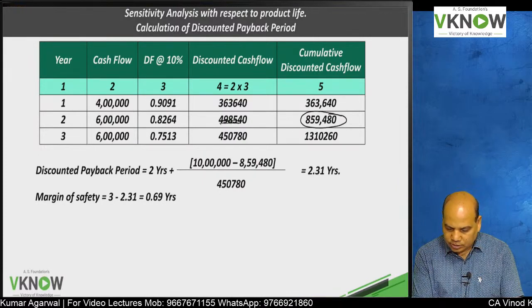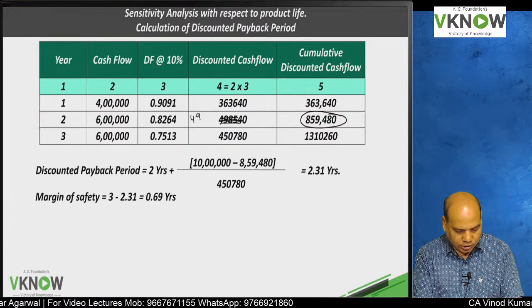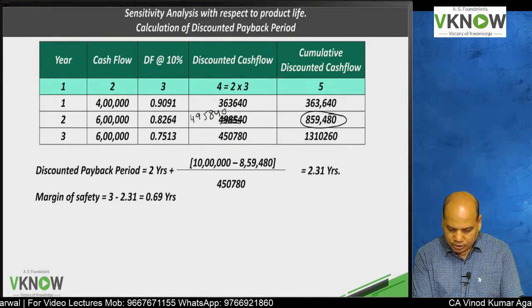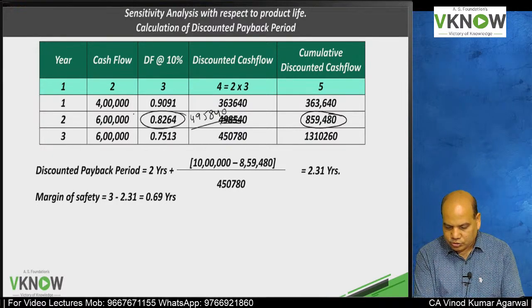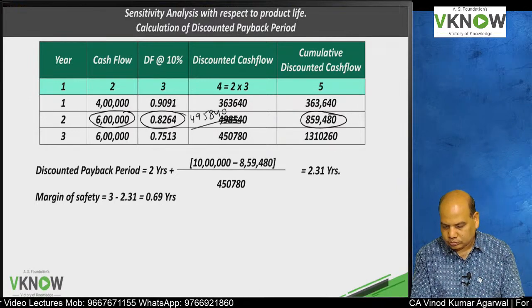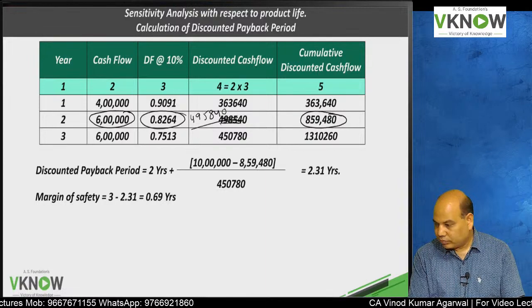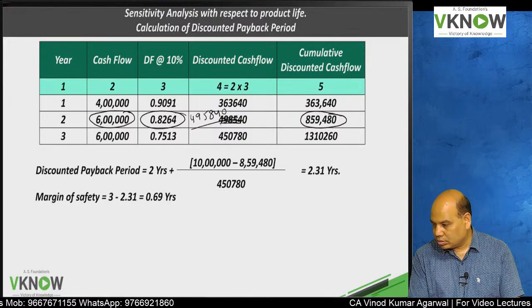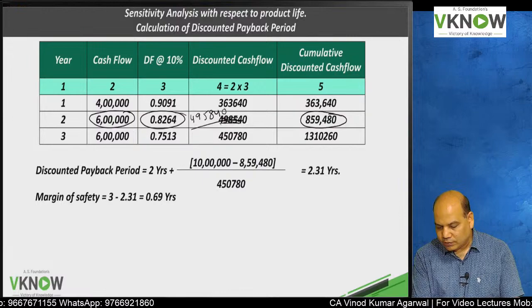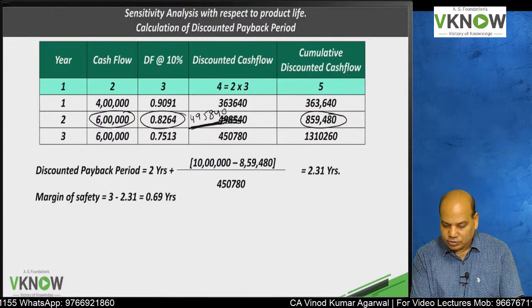I think this number is 495840. First you multiply these two. 495840. First you confirm this number. Is it right? 495840.